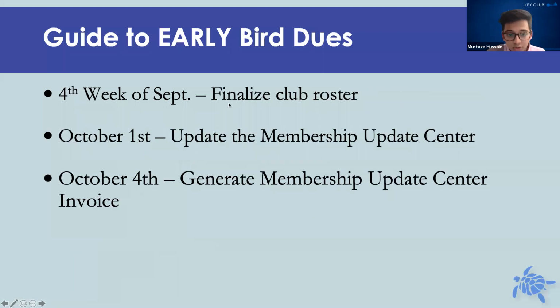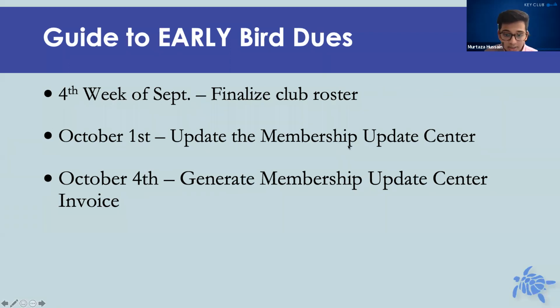So reaching the fourth week of September, you want to make sure that you do finalize your club roster. And once you do finalize the club roster, this is where you update the Membership Update Center. The Membership Update Center is basically the standardized system that all Key Clubs use in terms of inputting their members into the system so that you can generate an invoice and pay dues to international.